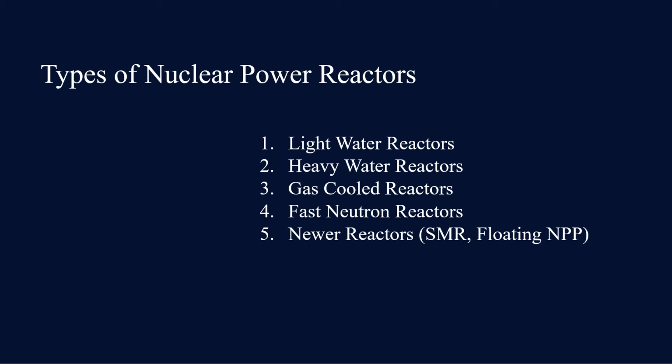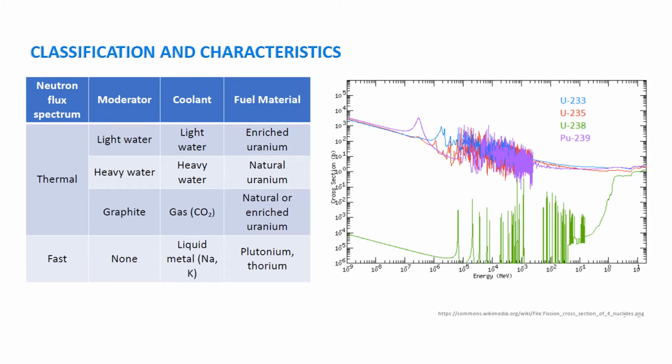Now let's discuss the types of nuclear power reactors. We have five types: your LWR, your HWR, your GCR, your FNR, and then your newer reactors. Let's discuss these one by one. These are the classification and characteristics of the different types of nuclear power reactors.